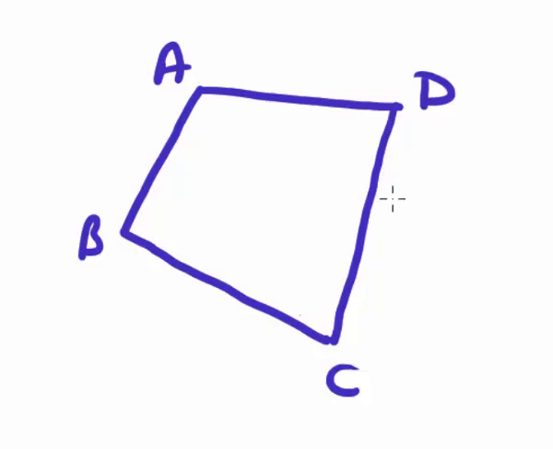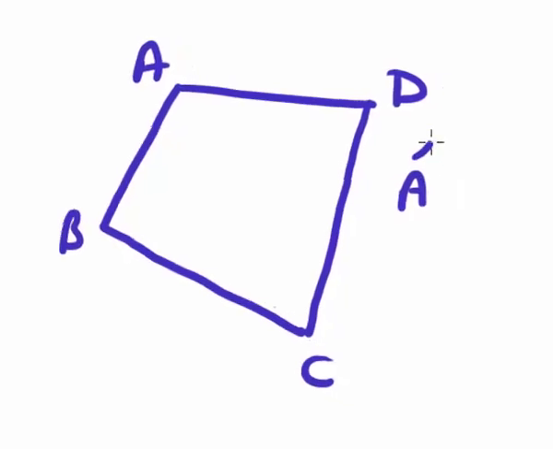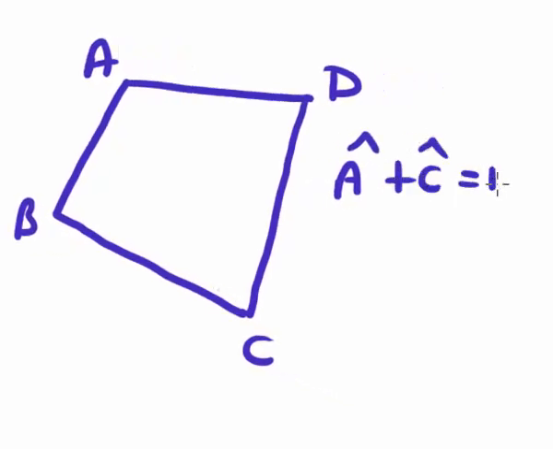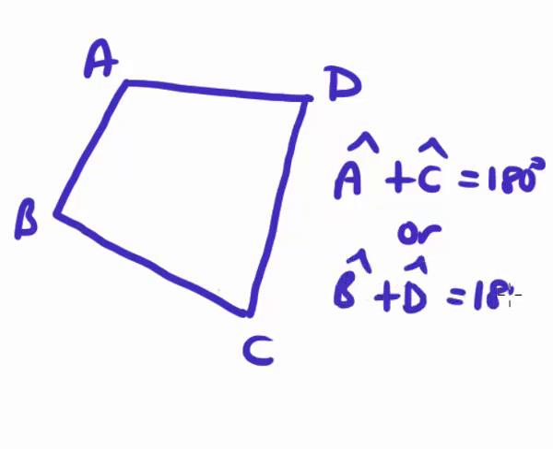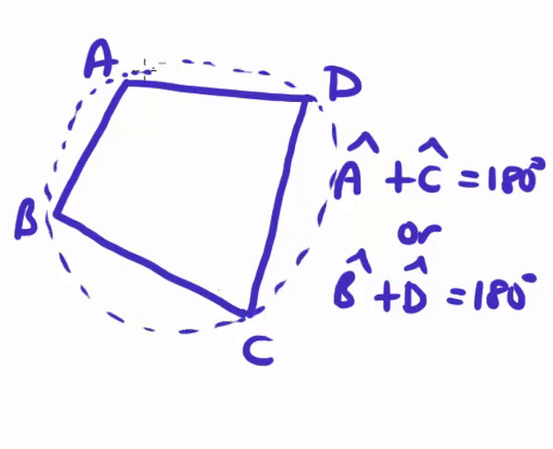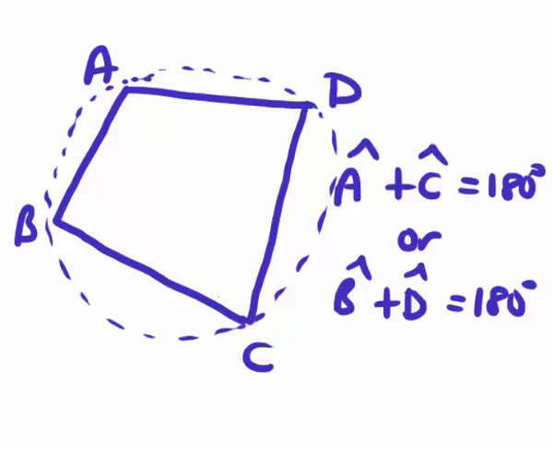Well, the one thing you can do is look at the opposite angles. So if angle A plus angle C was 180 degrees, or if angle B plus angle D is 180 degrees, if the opposite angles of the quad add up to 180, you can immediately draw a circle around the quad and it becomes a cyclic quad. That's important.